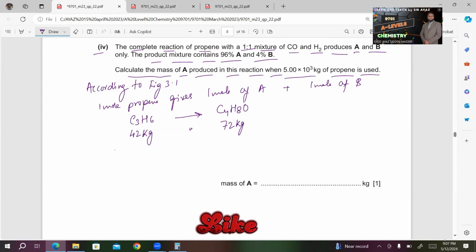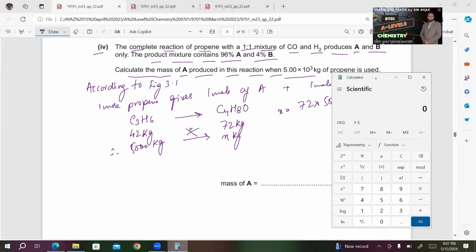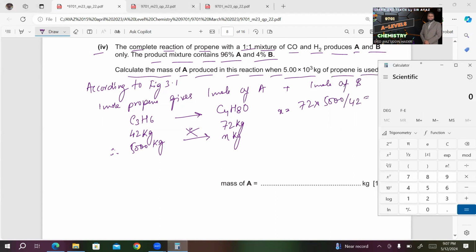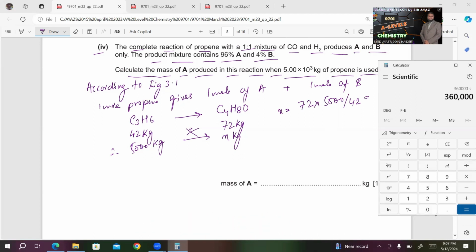Therefore, 5,000 kilogram gives X kilogram. So we'll do the cross. We'll get X is equal to 72 multiplied by 5,000 divided by 42.